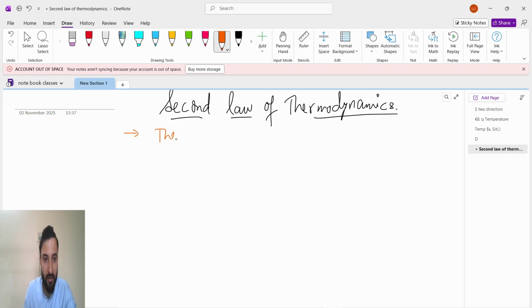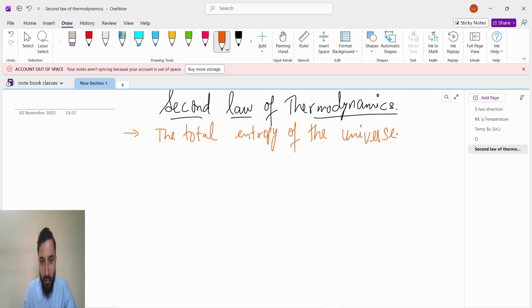The second law of thermodynamics means the total entropy of the universe will always increase for a spontaneous process.